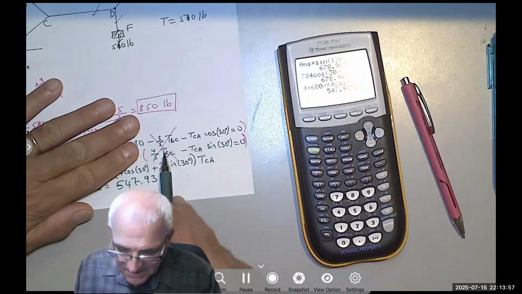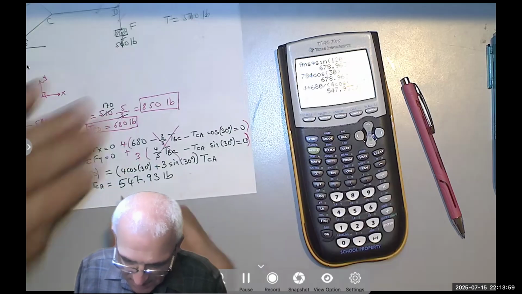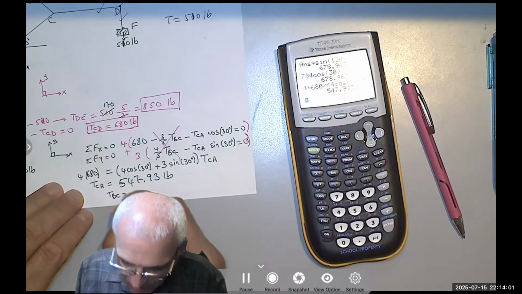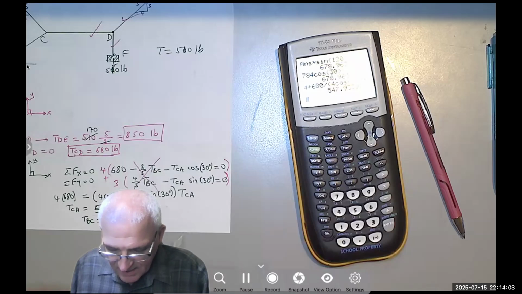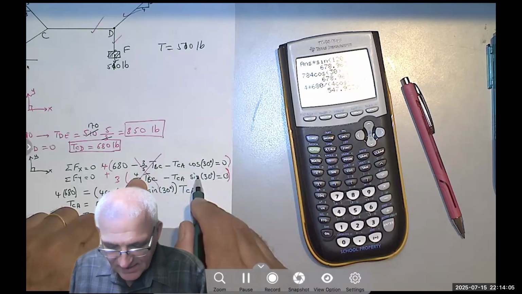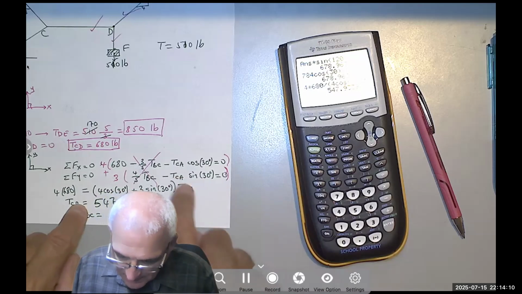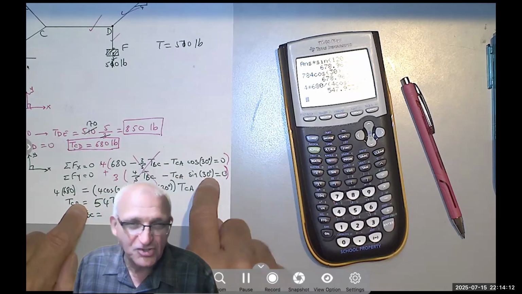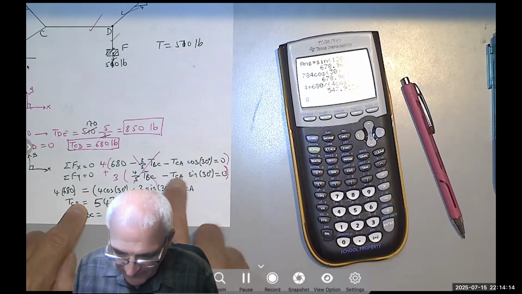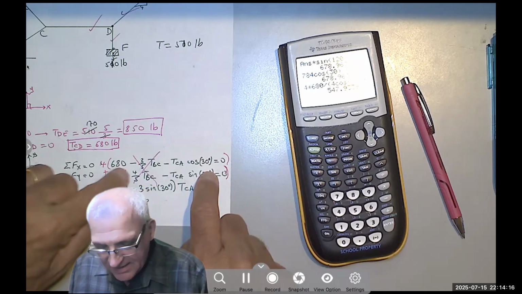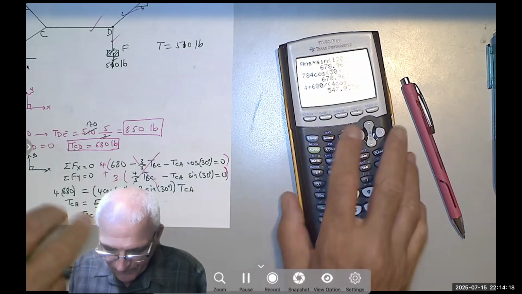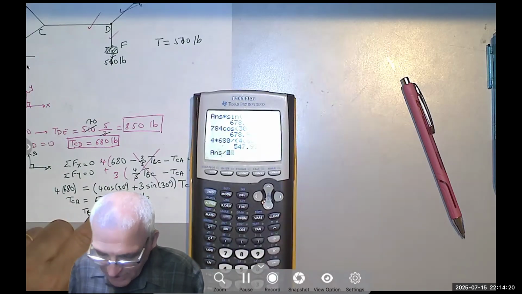So TBC equals. Notice that this equals that. And I know TCA already, so I'm going to divide it by 2, because sine 30 is 1/2, and then divide it by 4/5. So this number, I'm going to divide it by 2.